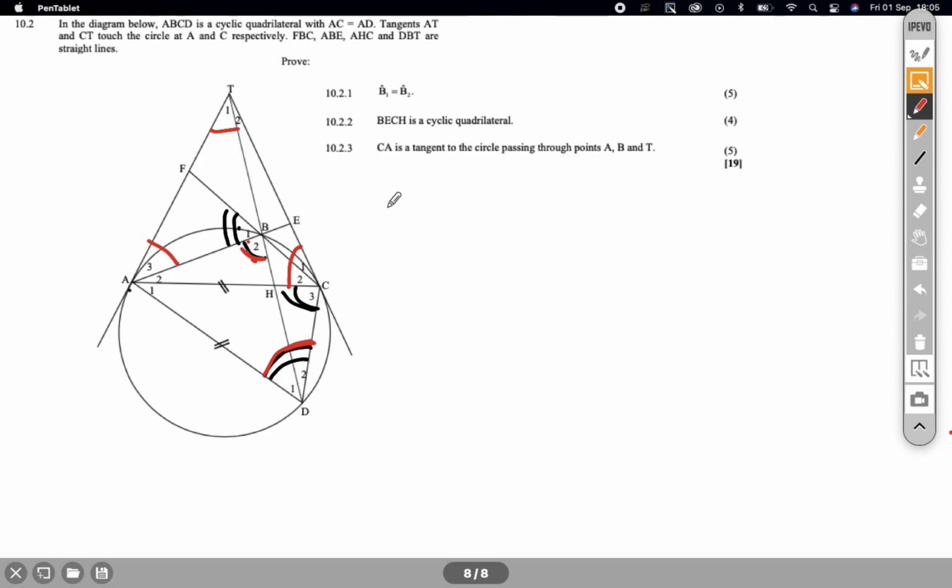Since it's a triangle, we can say that B2 is equal to A3 plus T1, exterior angle of triangle.